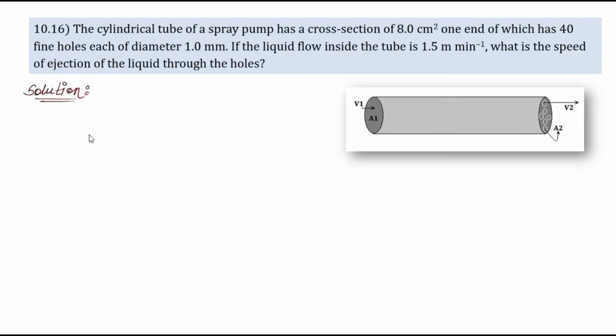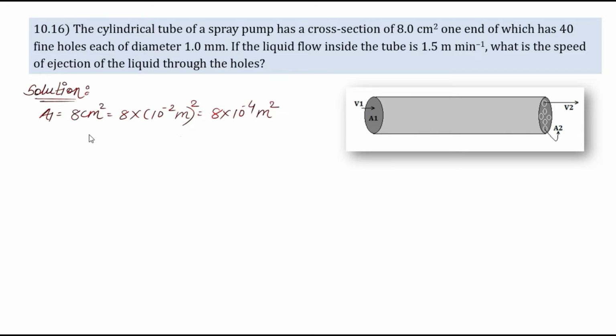In the solution, they have already given the cross-sectional area A1, that is A1 is equal to 8 centimeter square. Now we will convert it into SI unit, that is 8 into 10 raised to minus 4 meter square.